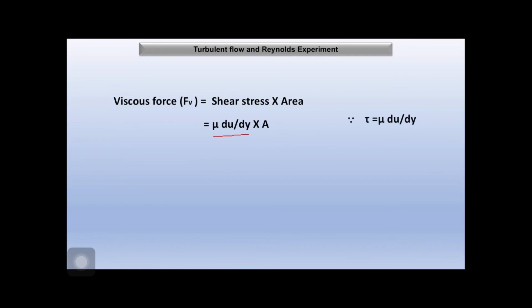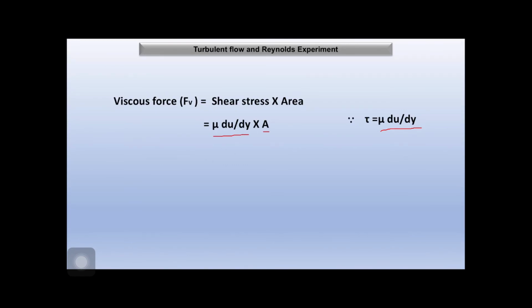Now the second term in the Reynolds number is the viscous force, and viscous force can be represented by the shear stress into the area. Shear stress is given by tau, and it can be written as mu into du by dy, that is the velocity gradient, into the area.